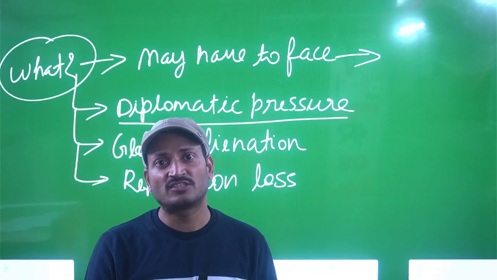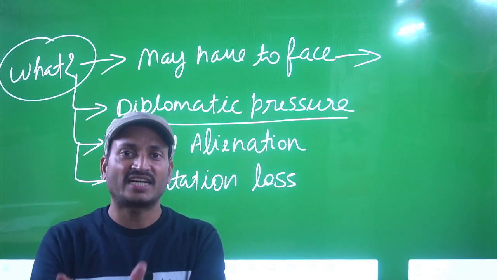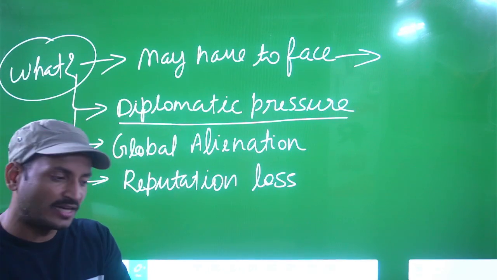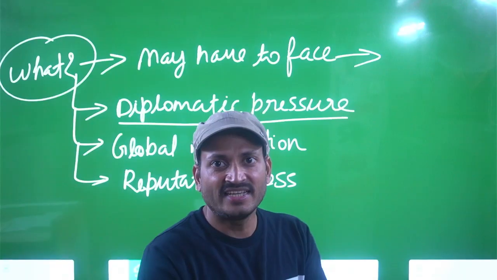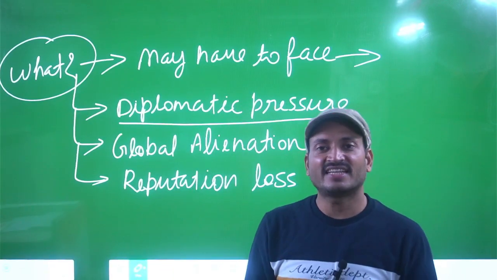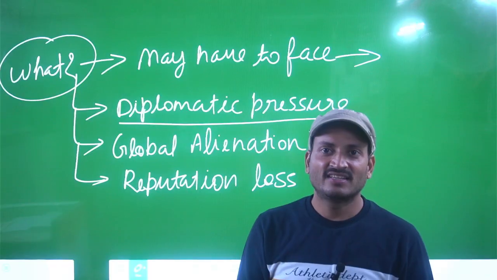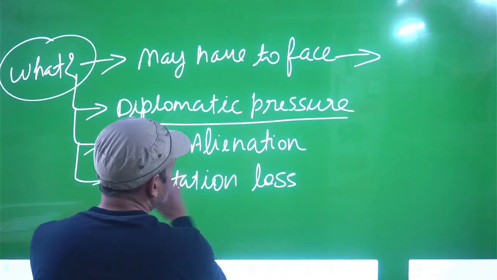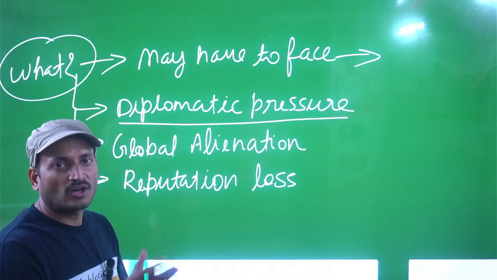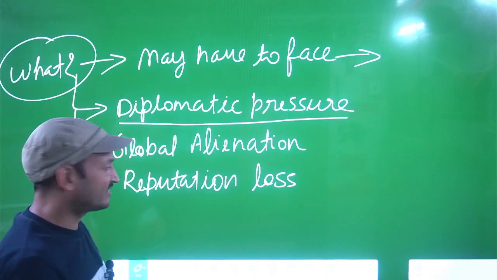All the other countries would say that the country which is not following the treaty provisions is a non-compliant country. They can make a mockery of that. So this is the kind of reputation loss a non-compliant country may have to face.